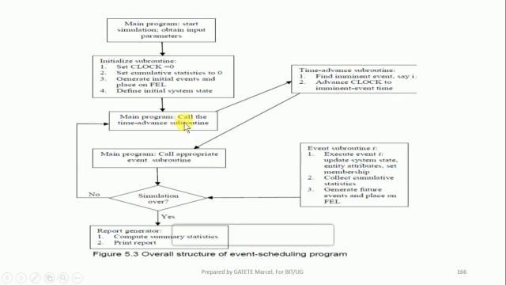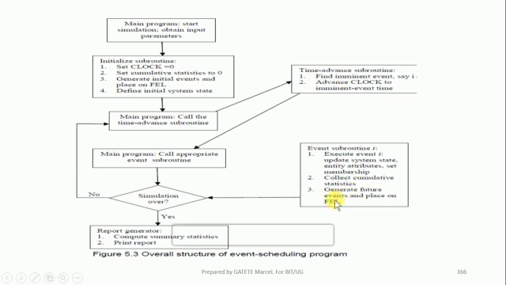Otherwise, the main program will continue calling different subroutines, which are used to advance the simulation. Every time, what will the event subroutine do? It will execute event I. After executing event I, it will update the system state. Then it will update the entity attributes and set membership. After that, it will collect the results, and then it will generate the future event list.